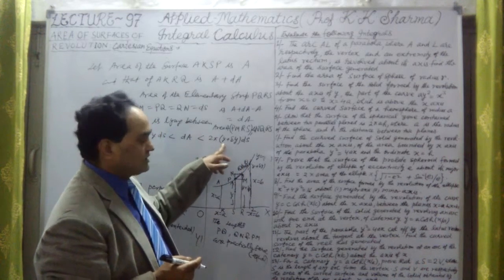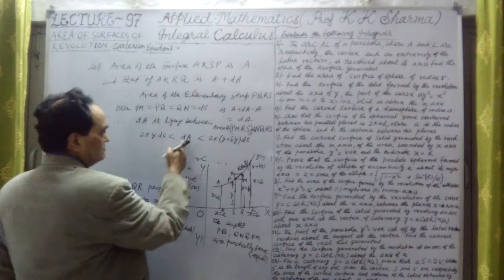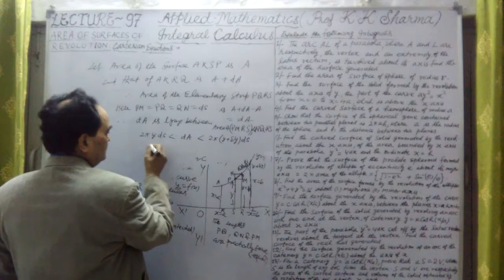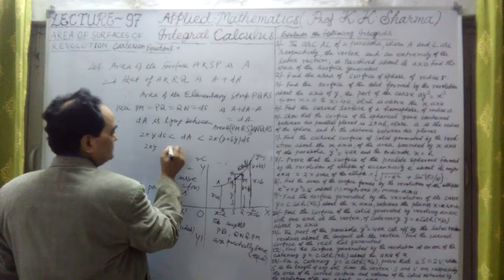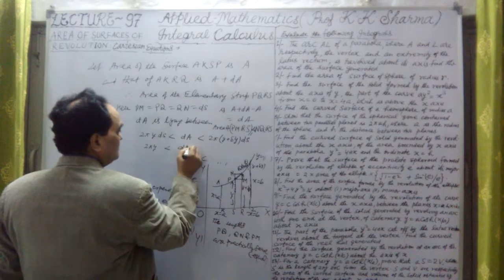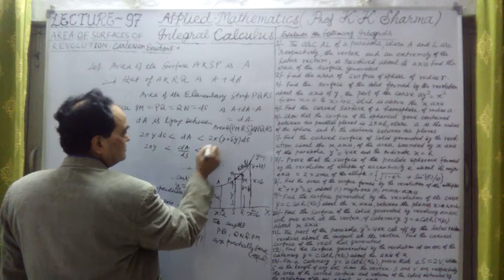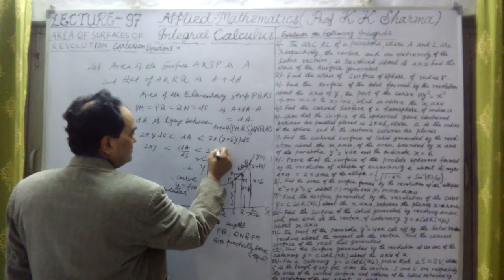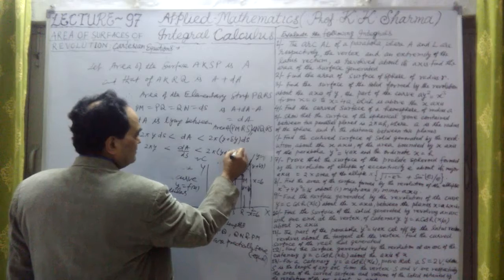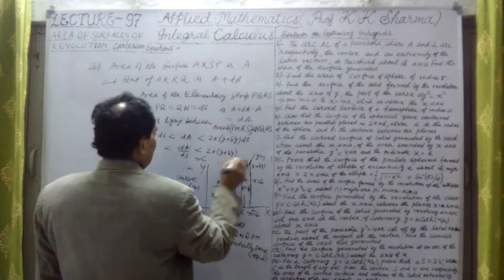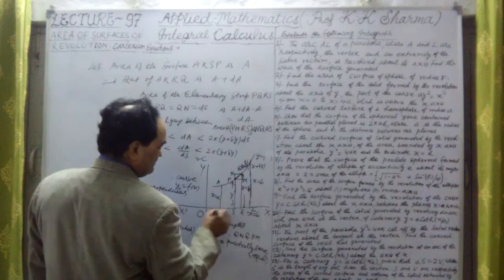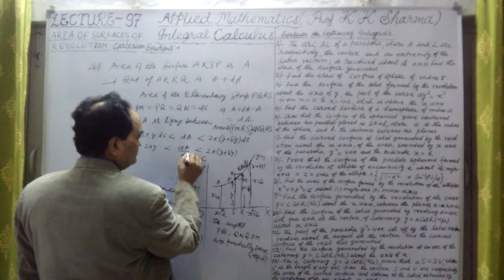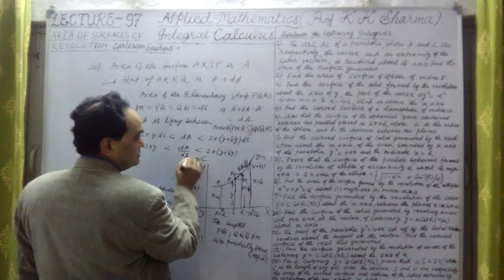So this 2 pi r, we know that with this dA. Therefore, dA upon ds is lying between 2 pi y is smaller than dA upon ds is smaller than 2 pi y plus delta y. Okay, so when delta x tends to 0, or you may say delta s tends to 0, here it is delta s here.